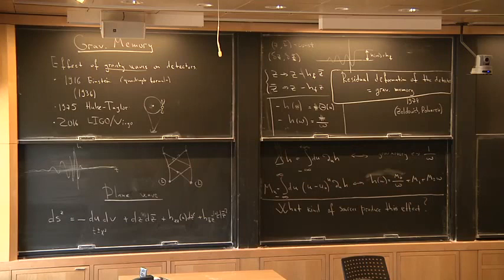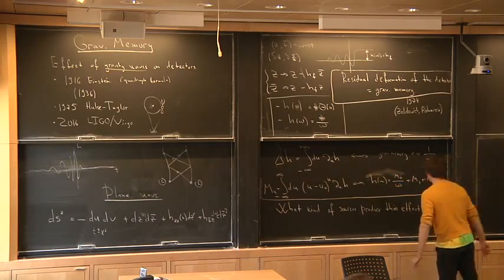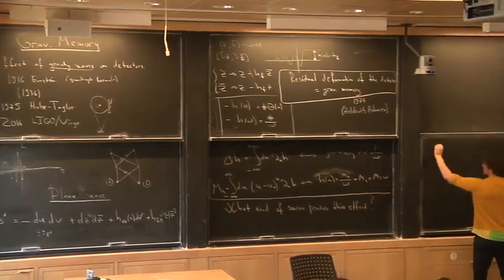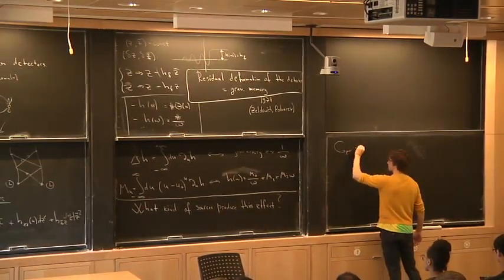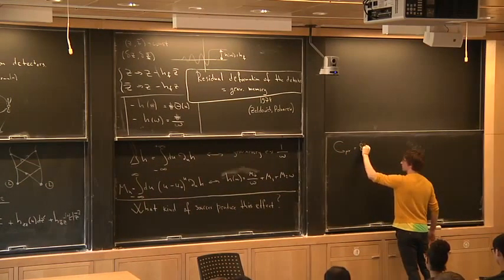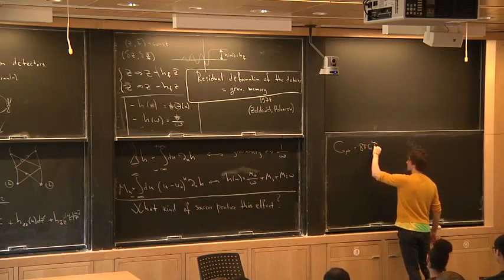Now I'm thinking about solving. So gravity waves are sourced by matter, of course, and so we have G mu nu equal to the stress tensor.